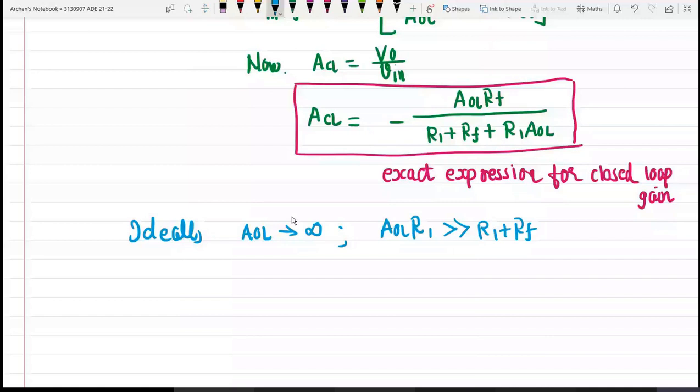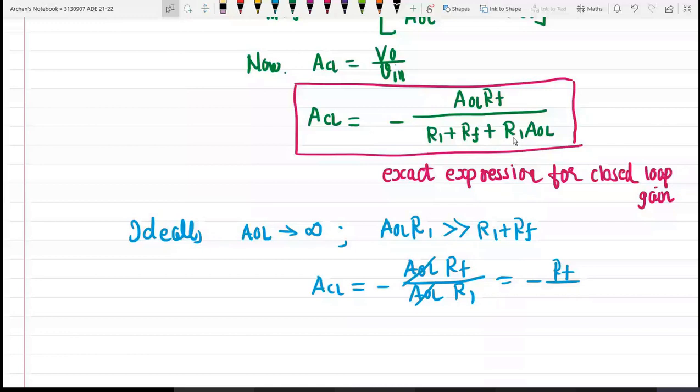So ACL can now be reduced to AOL times RF divided by AOL times R1. Here we can cancel AOL, so finally we are left with RF by R1. That is what we derived earlier for the ideal condition.